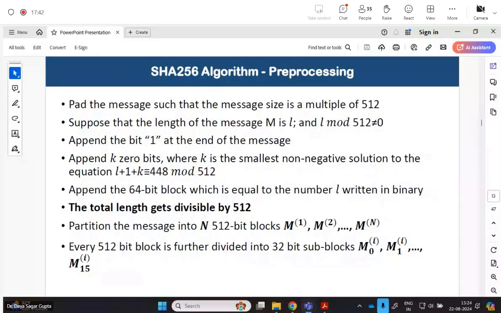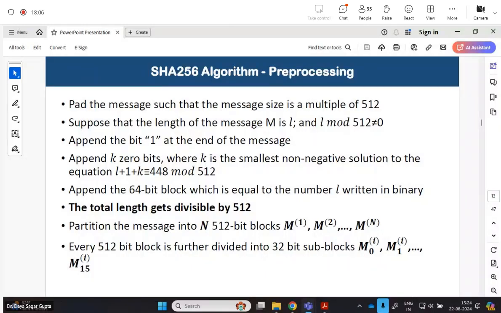Here it is supposed that the length of the message is L. So L mod 512 will not be equal to 0. This is a mod operation which is going to provide you the remainder.